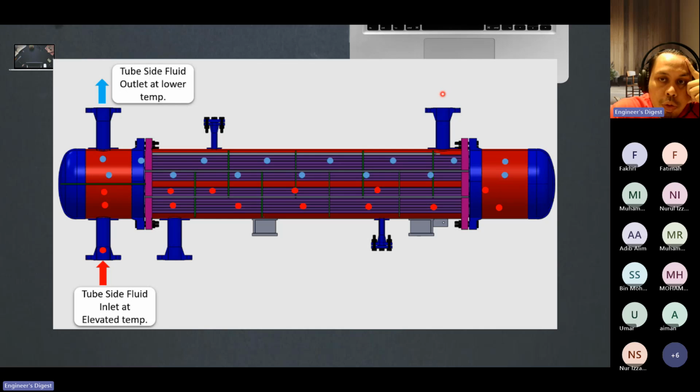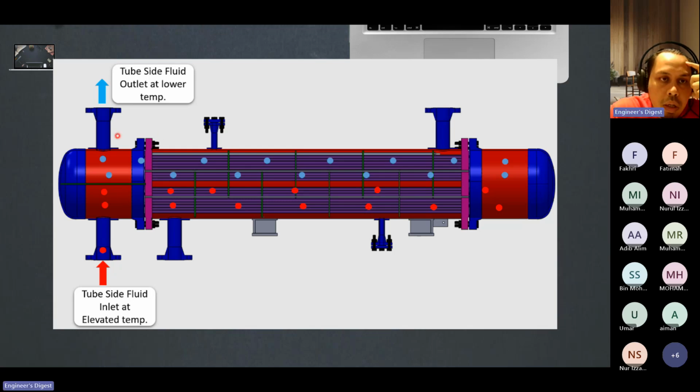Once this fluid is coming in, it will go around this baffle. Why do we need it to go around the baffle? Because of retention time. We do not want it to go straight away to the outlet. If it goes like this, retention time is more, then the heat exchange is more. So that is what we want.